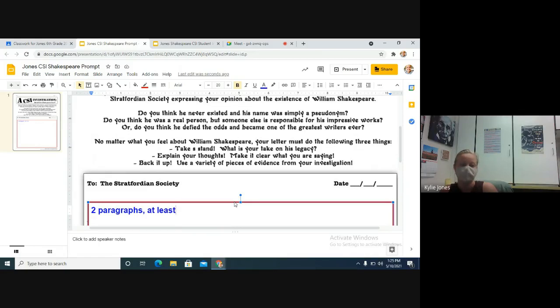On paragraph 2, it says, do you think he never existed and his name is the... If you need to write more than 2 paragraphs, go for it. Write as many paragraphs as you need to explain it. Do I do the second paragraph question or the third one? Both. It's kind of all of it together. So you said 3 understanding, so 6? Sure.